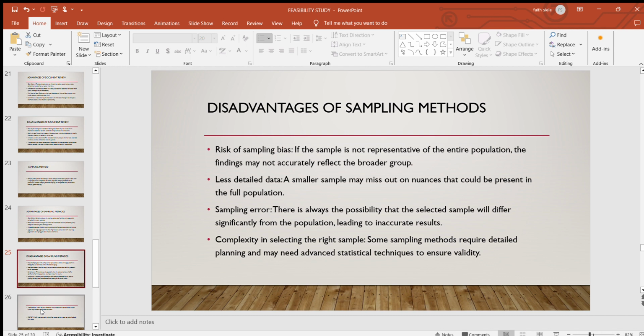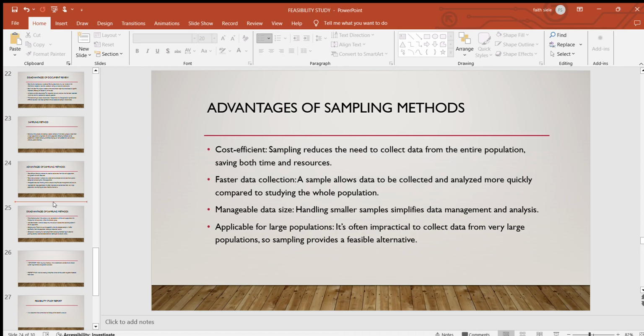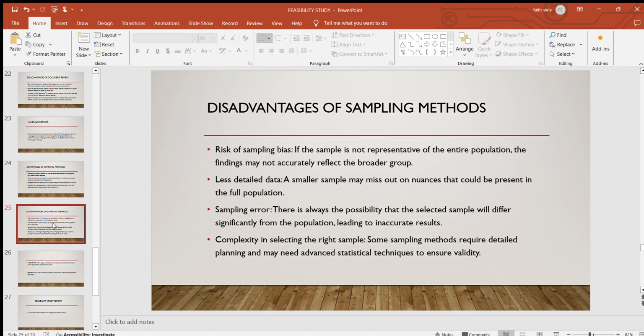So some sampling methods require very detailed planning, which may need advanced statistical techniques to ensure validity.